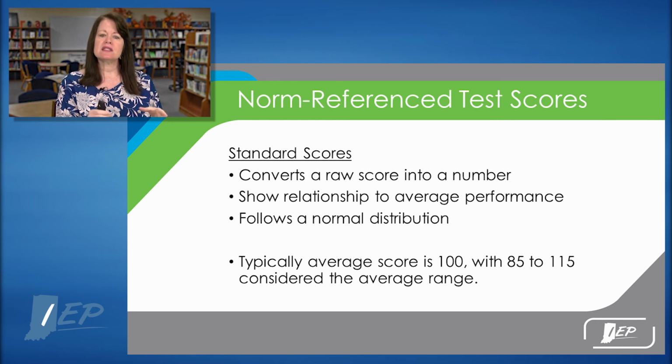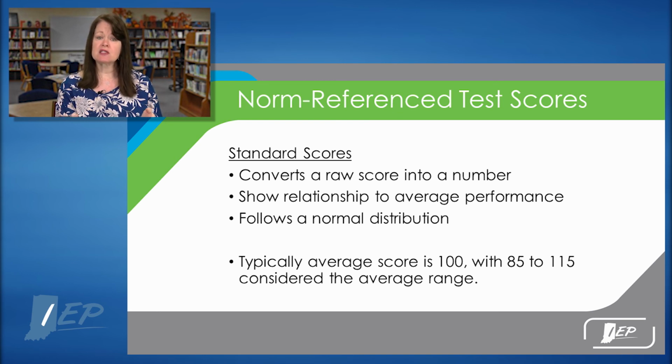So using standard scores, it takes the student's performance and shows where they fall in relation to the average. So a typical average score is 100, and then 85 to 115 is considered to be within normal limits or within that broader average range.